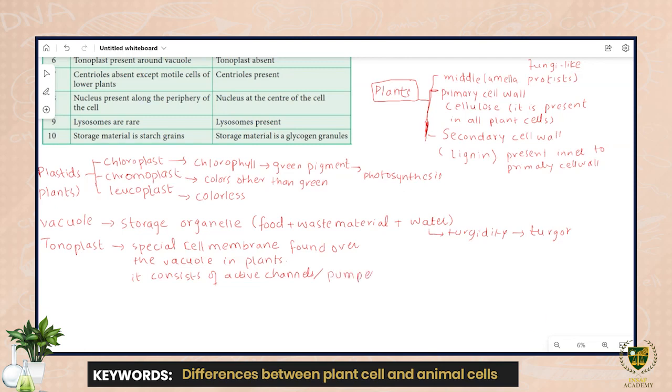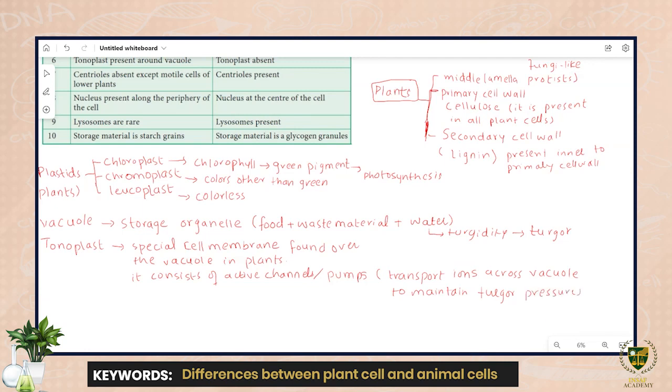these pumps are used to transport ions across the vacuole to maintain the turgor pressure, clear?